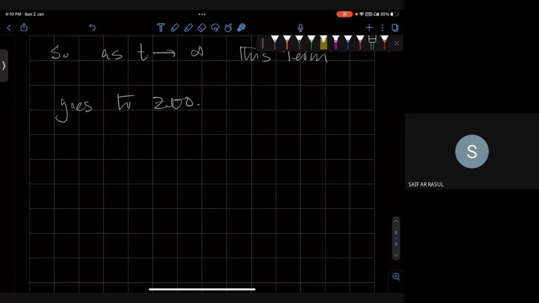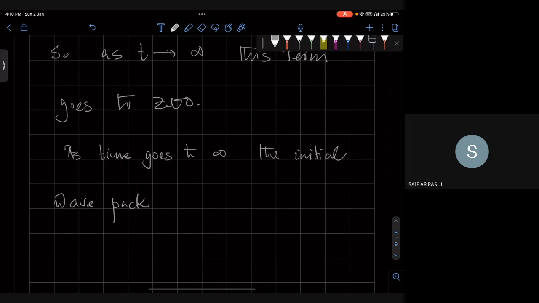So as time goes to infinity, the initial wave packet vanishes. Okay, any question about that?